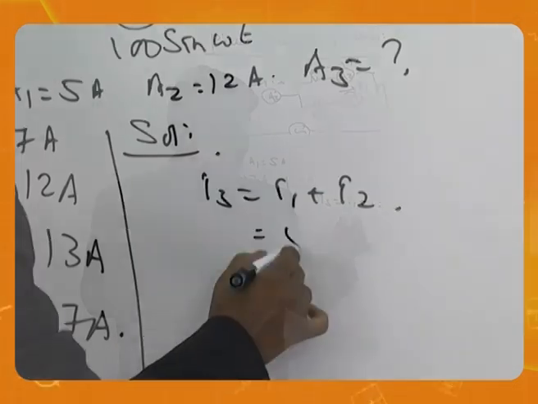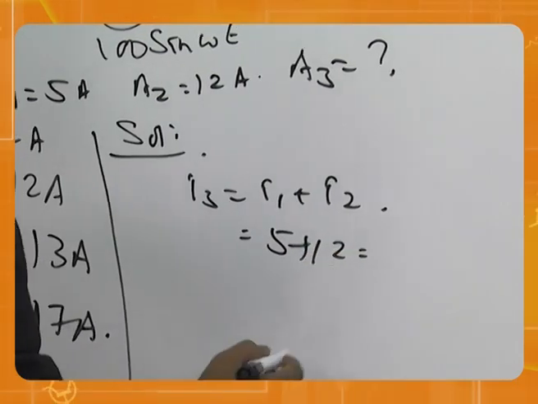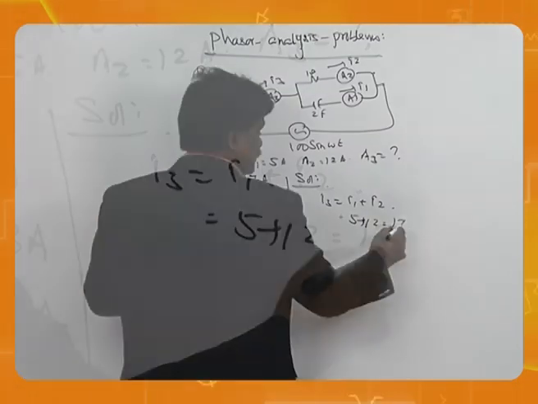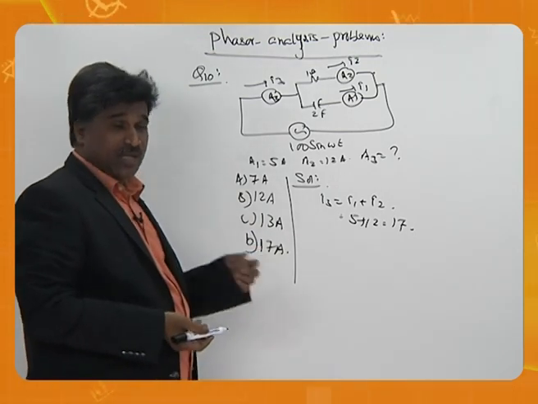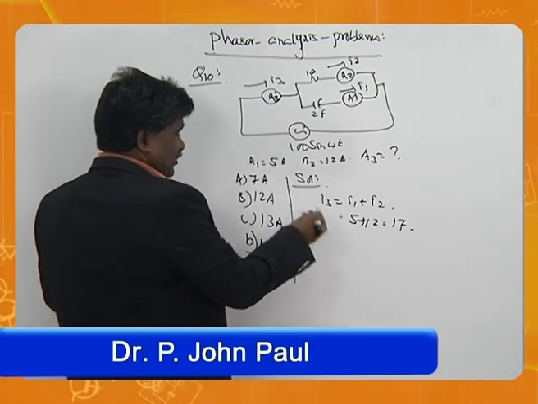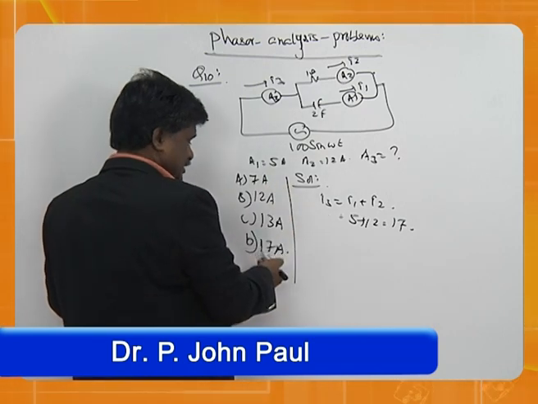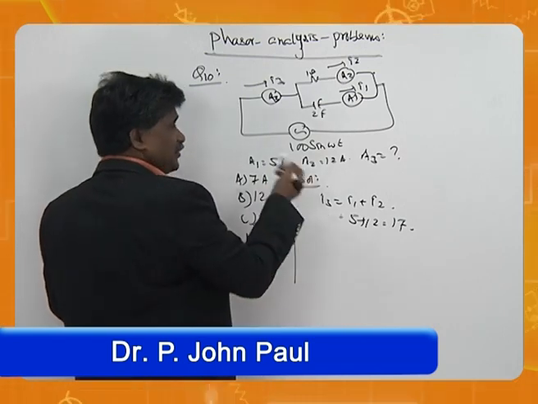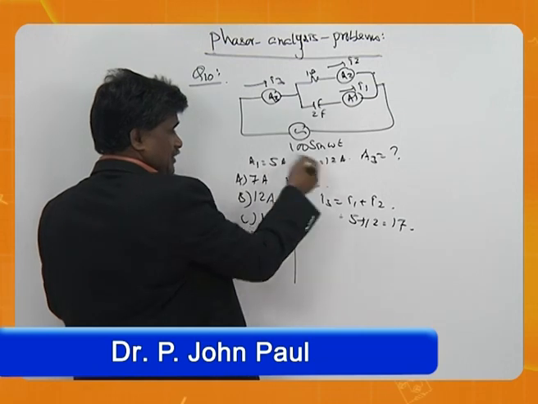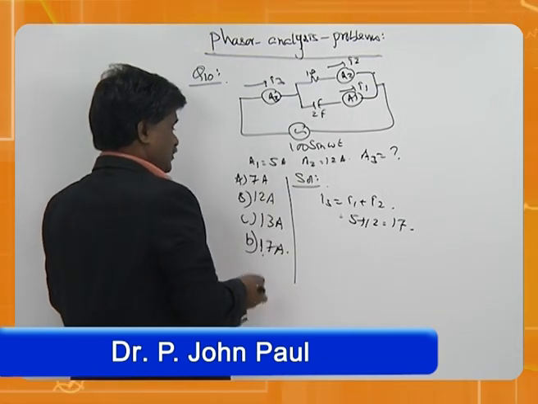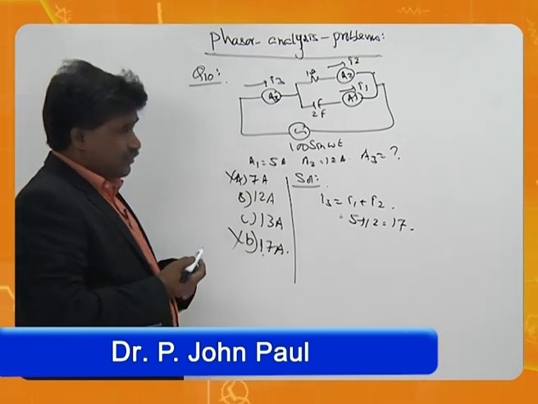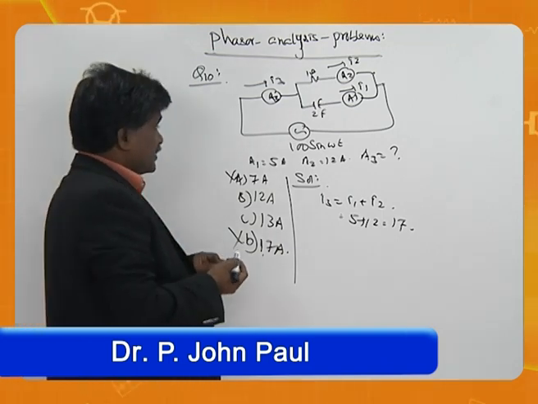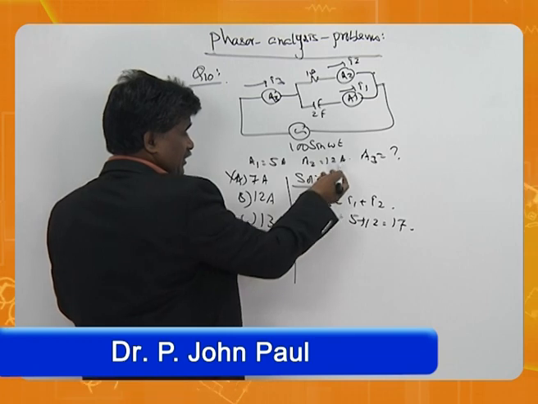Therefore, you may say 5 plus 12 is 17. That option is there. You may be tempted to say yes. That's a wrong option. Some people will add this and say the answer is D. Some people will subtract it, then they say the option is A, but the answer is neither A nor D.